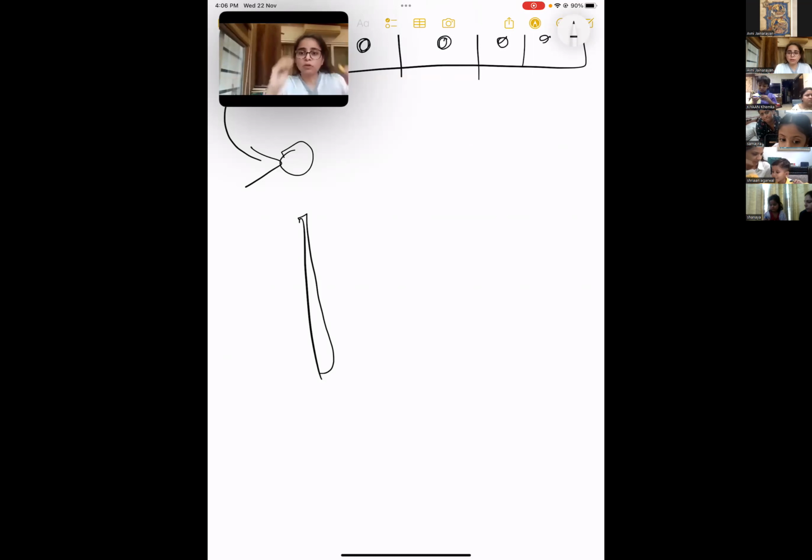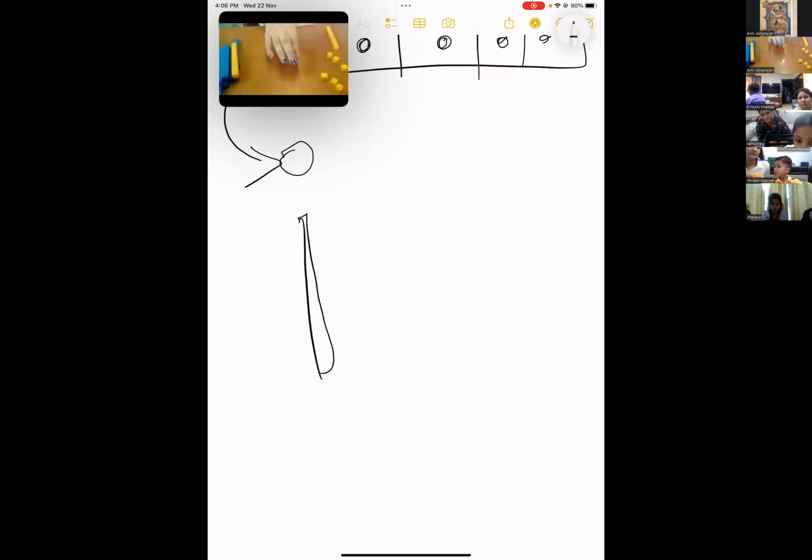So everybody, the exercise now is that you place this on the table and start counting it. Just have a look over here on the other screen. I am counting them: 1, 2, 3, 4, 5, 6, 7, 8, 9, and 10.